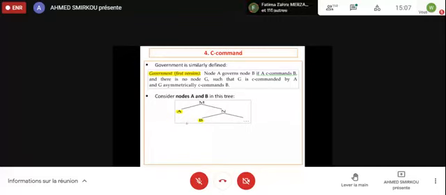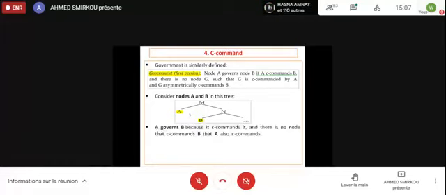So node A governs node B if A secaments B, and there is no node G, no other node between A here and B, such that G is secamented. Let me give you an example.